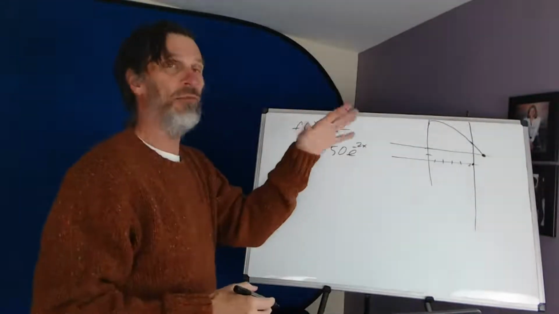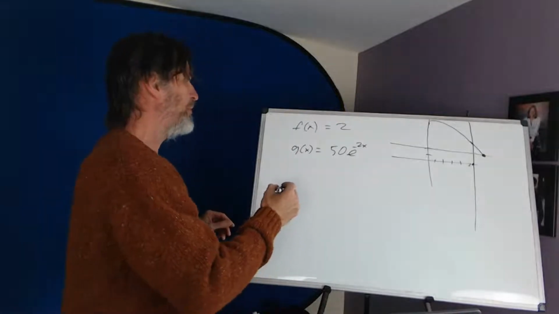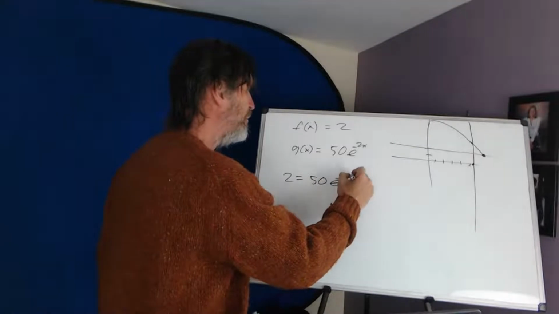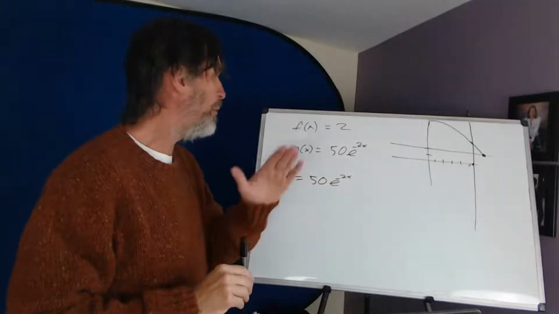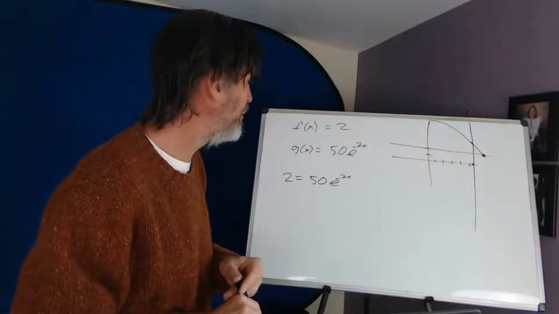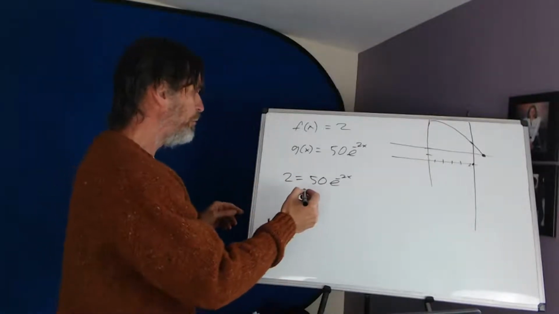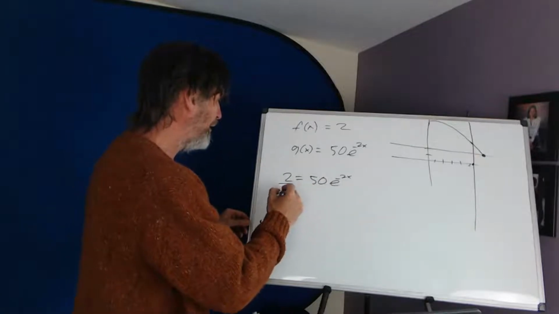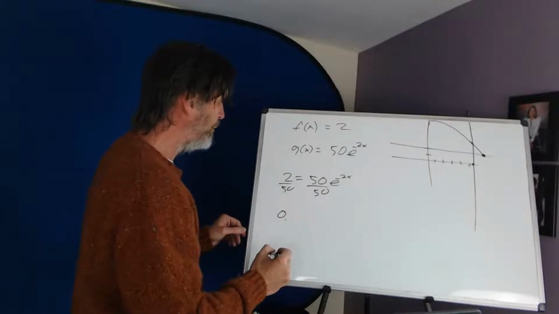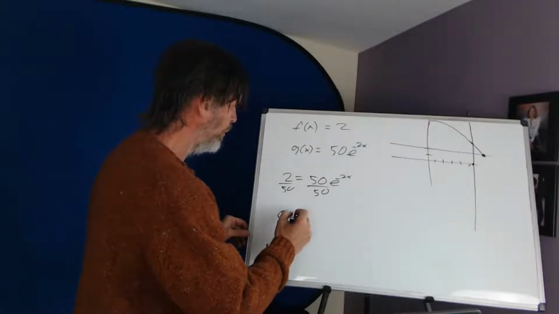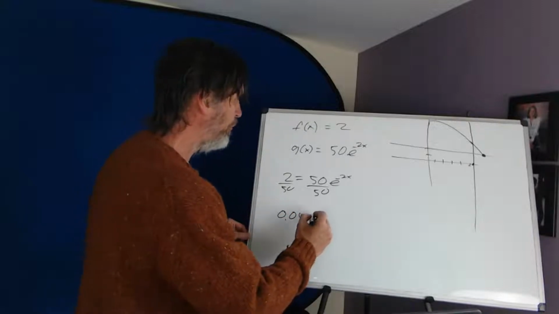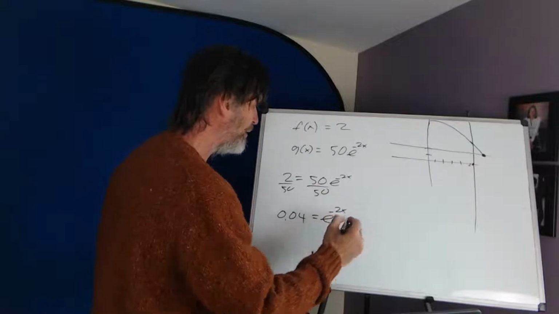So as always, we need to find where those functions of x cross. We'll set them equal to each other. When is 2 equal to 50 e to the negative 2x? I'm going to have someone out there help me out with this calculation because I didn't do it yesterday and I don't remember how it came out. Let's work through this as we should. Divide both sides by 50 to clear out the exponential. It's 0.04, that is 4 out of 100. So 0.04 is equal to e to the negative 2x.